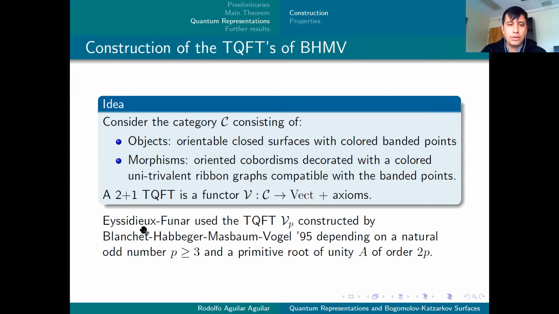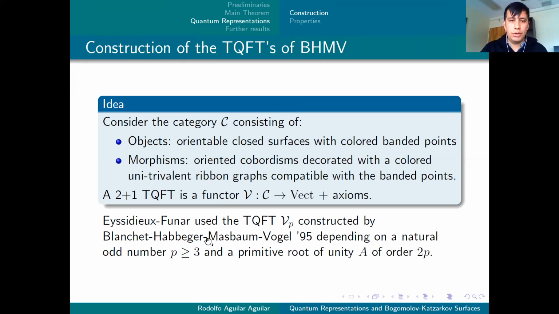One of these TQFTs was constructed by Blanchet, Habegger, Masbaum, and Vogel around 95. It was constructed by skein modules, something very close to links, depending on the Kauffman bracket. I made an exposition of this a long time ago in Sofia.